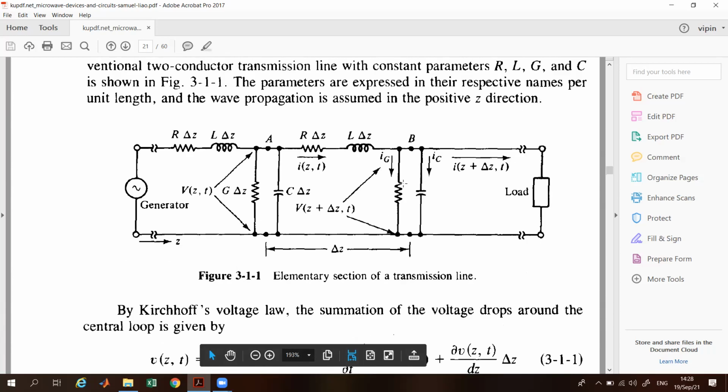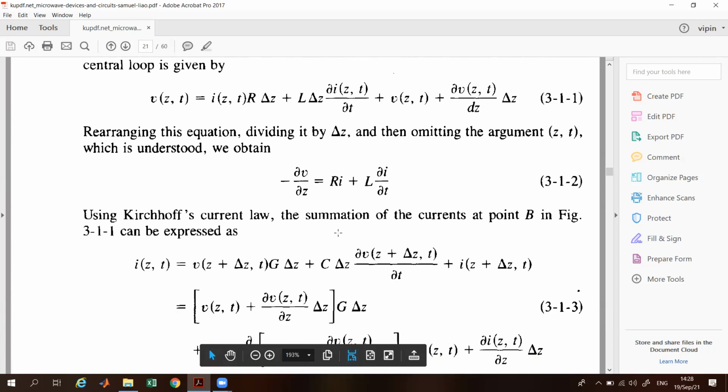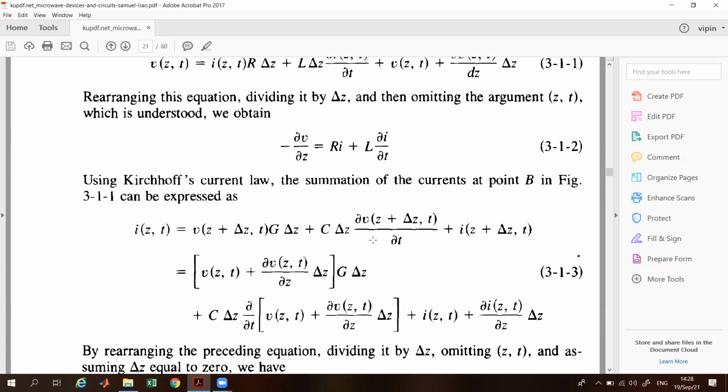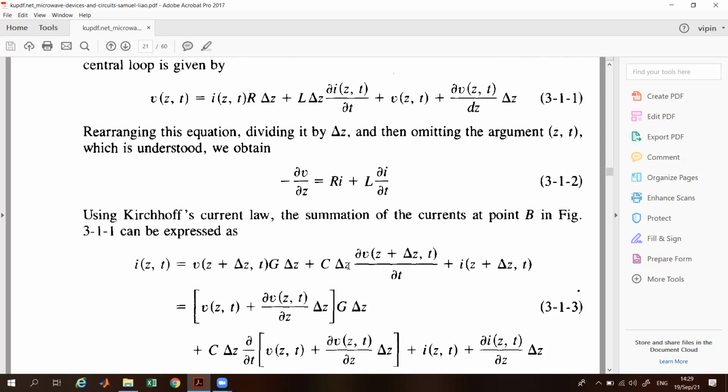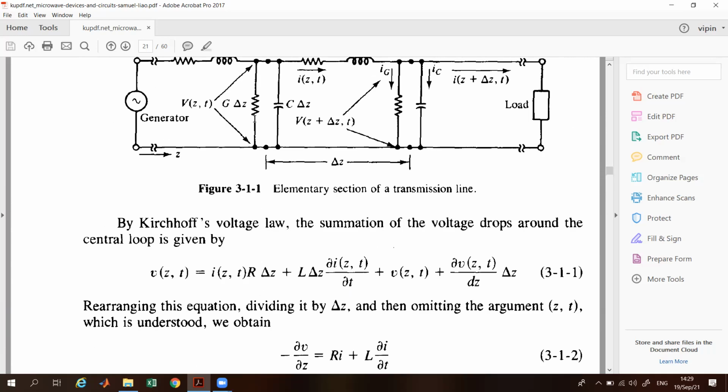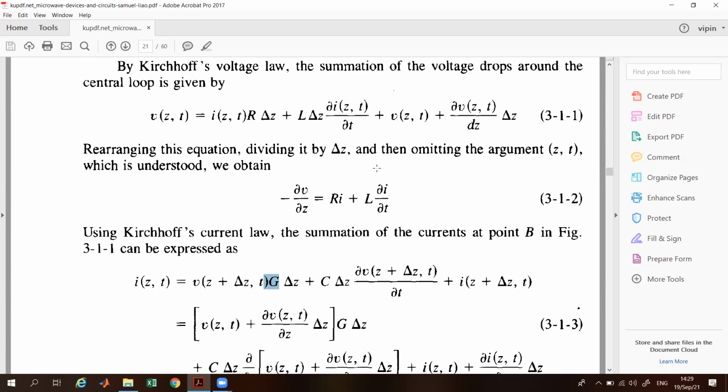So due to this Ig, we then have Ic, which is equal to C delta z dV by dt. If you remember, the current across a capacitance is C dV by dt. And this delta z is coming because the capacitance is defined per unit length. This is the admittance of this resistance, which is also per unit length, so it will be G delta z.